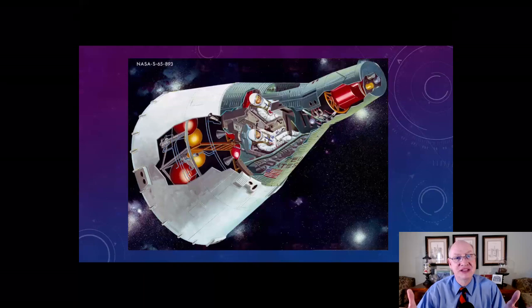Eventually, McDivitt ends up expending about half of all the maneuvering fuel that they had with them. Remember, this is all on the first orbit, where he's thrusting the Gemini capsule around, trying to catch up with the booster, but every time he goes for it, the booster goes off in some weird way. He eventually uses up about half the maneuvering fuel, and McDivitt has to call it a day.